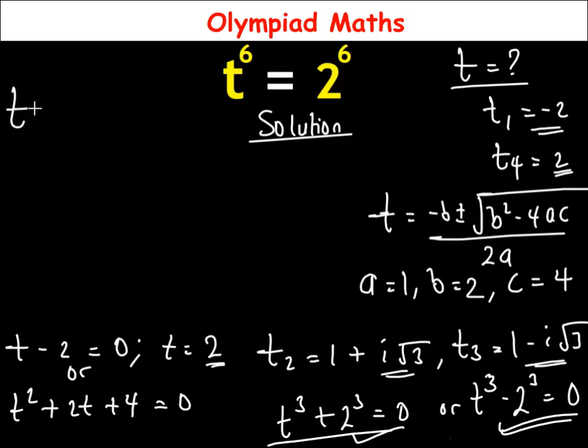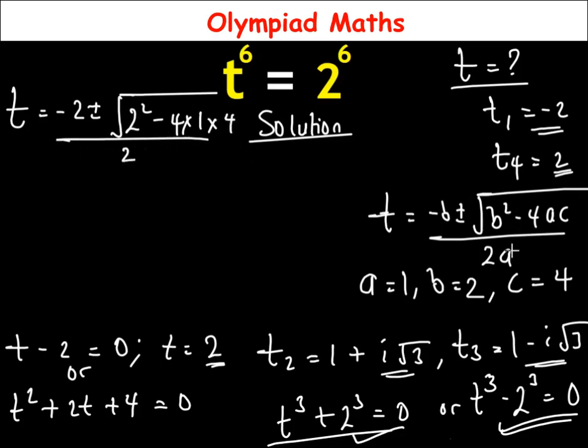From here, t is equal to minus b, which is 2, so minus 2, plus or minus square root of b, which is 2, so 2 squared, then minus 4 times a, which is 1, times c, which is 4, all over 2a, where a is 1, so 2 times 1.